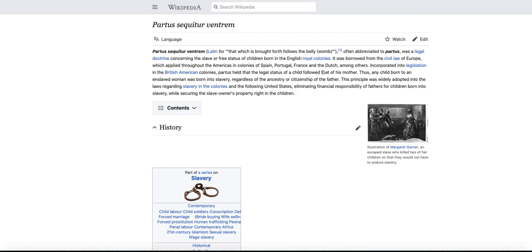So regardless of the ancestry or citizenship of the father. Okay, wait a minute. Regardless of the ancestry or the citizenship of the father. So the father could be a foreigner. Hold on. The father could be a foreigner, or these seamen could be foreigners and come and plant their seed into the earth, or the original woman here in America.